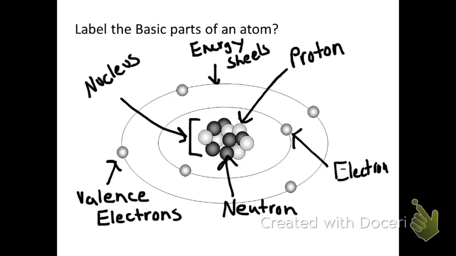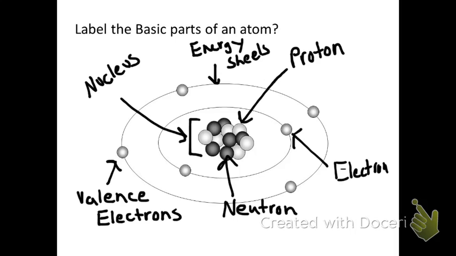Alright, so these are the basic parts of any atom. The nucleus, which is composed of protons and neutrons, the energy shells, which surround the nucleus and are where the electrons are located, and then the valence electrons are in the outermost energy shells of an atom.